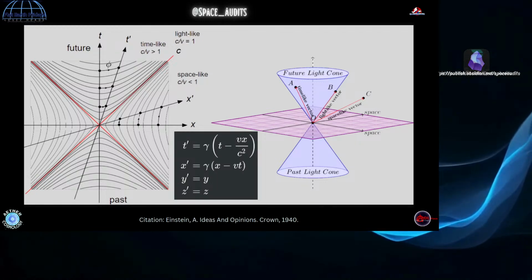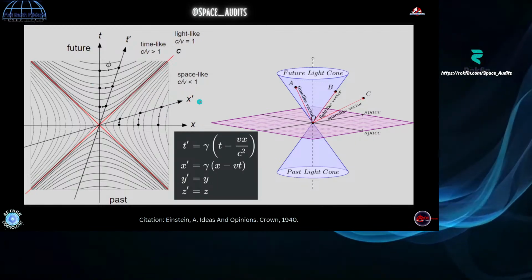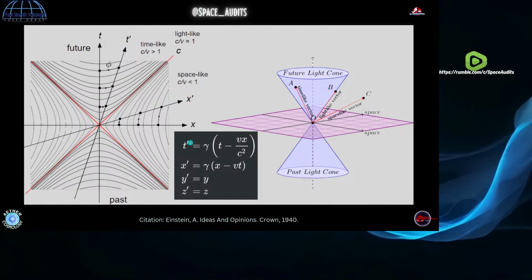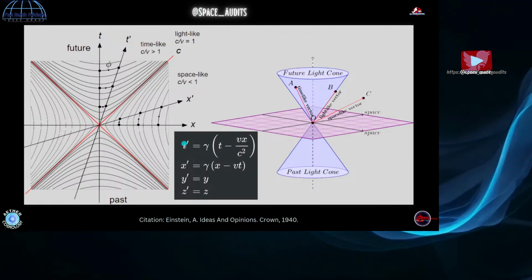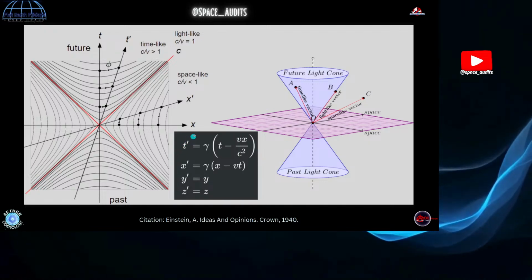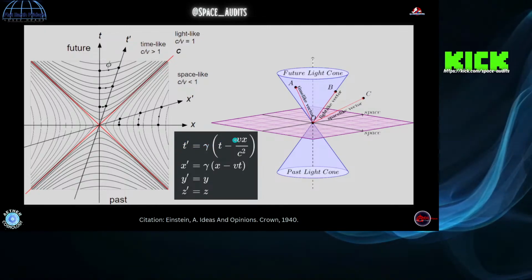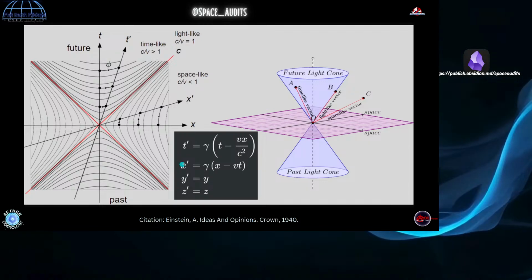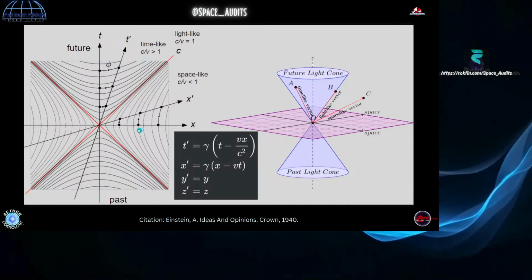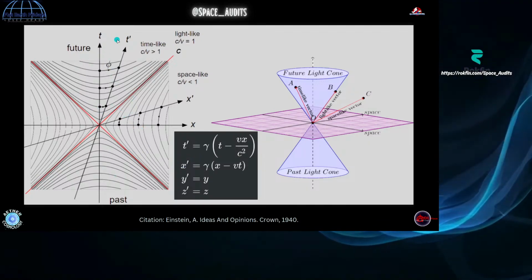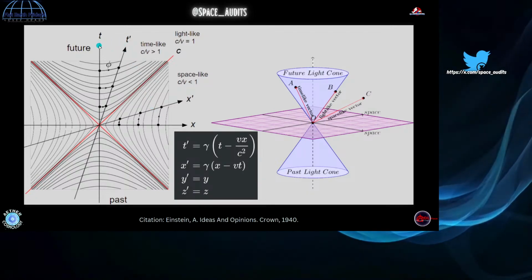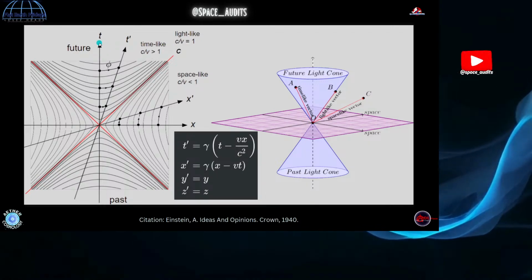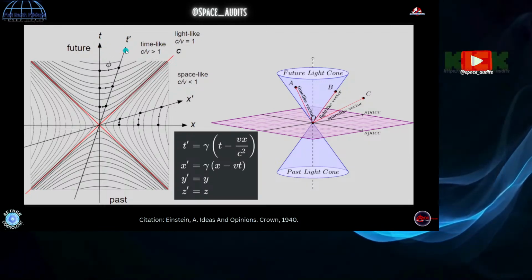So here we're looking at different aspects of the same thing. The Lorentz transformation in the middle here from Einstein shows the change in time and the change in distance, with the gamma factor being a function of velocity squared over c squared. When you plot that out, because this is a quadratic equation, you get a hyperbolic change in the times between the stationary and the moving observer.